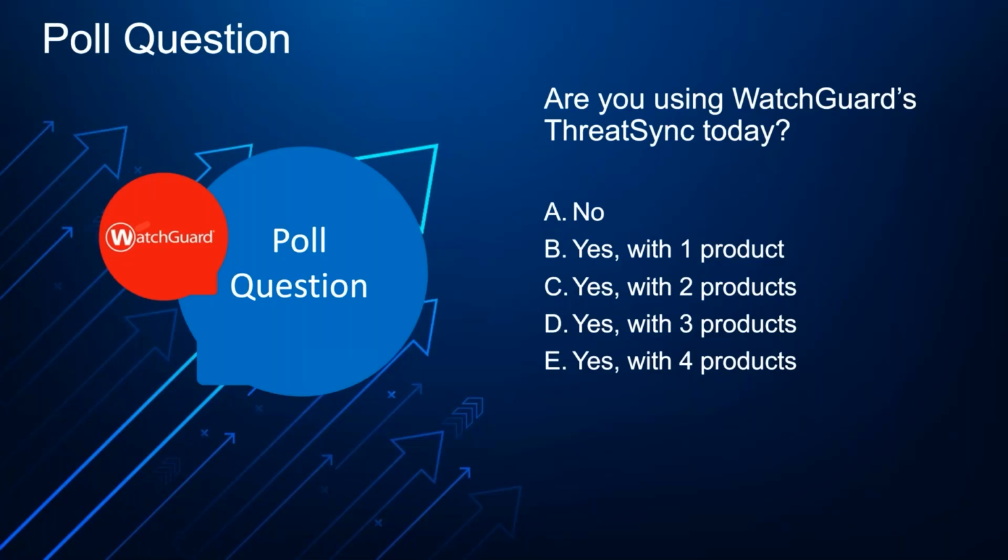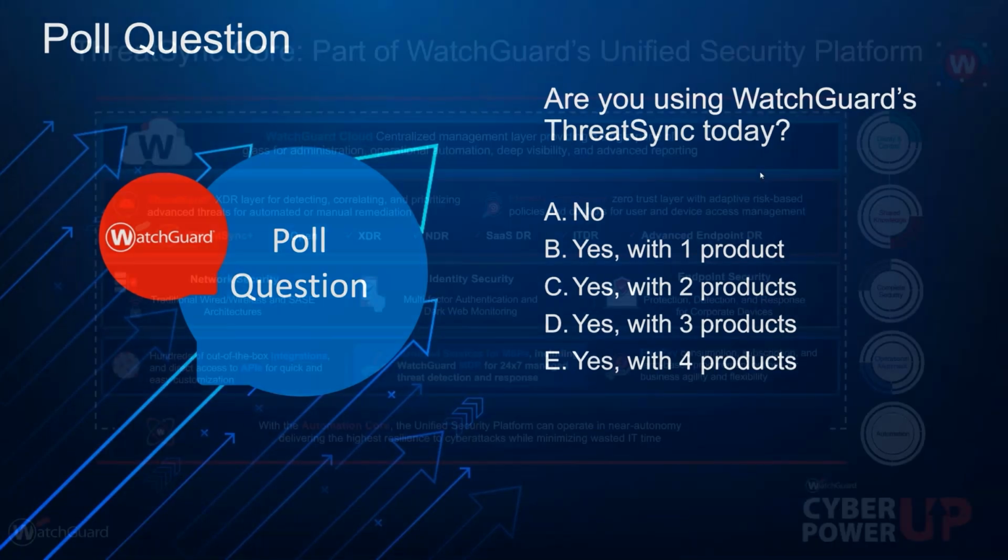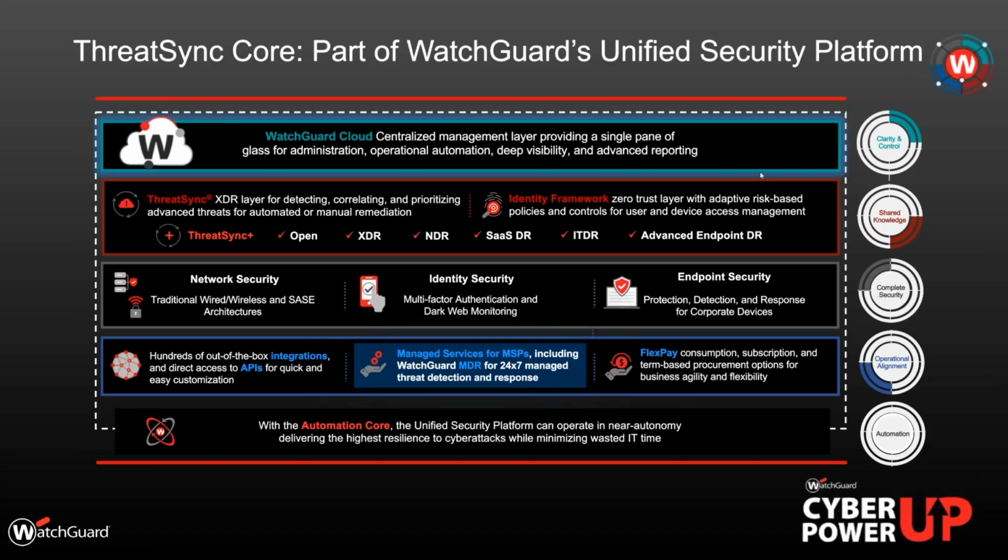Awesome. Thank you, Gary, for closing that poll. So just to go over the results of that real quick before I go into all the different parts of ThreatSync Core. Currently, among the poll, a good chunk of you had said no, which is completely okay. Again, this is something that is not on by default.